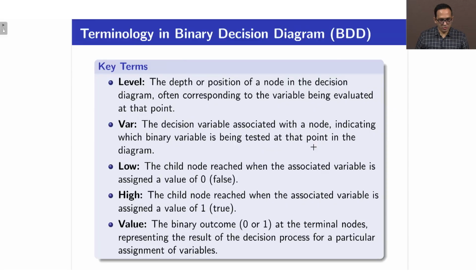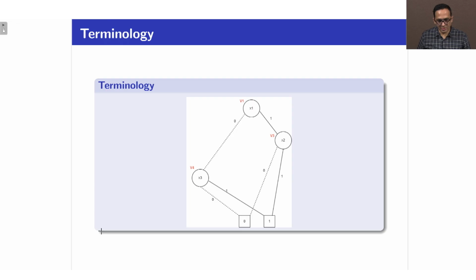I have already discussed this notation: level, variable, var, low, high and value corresponding to a BDD. Think about this as my BDD. Every node has a name, V1, V2, V3 and so on. So, var of V1 is basically x1, var of V3 is basically x2 and so on.